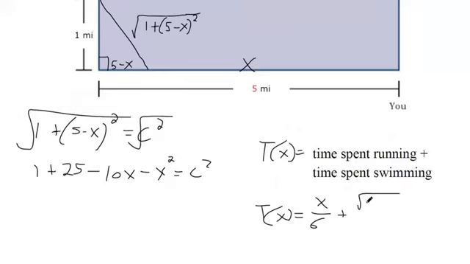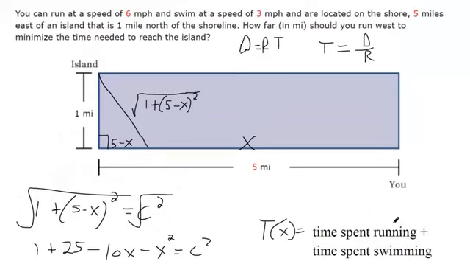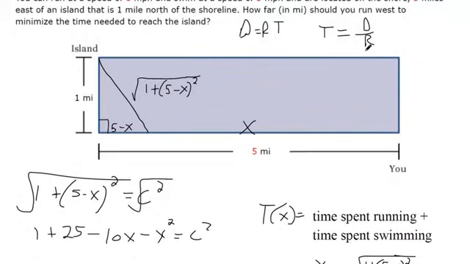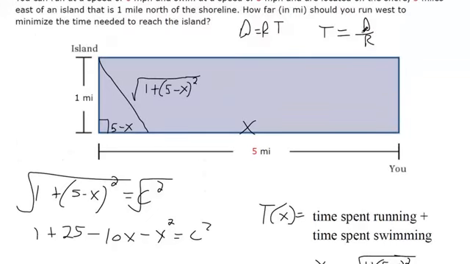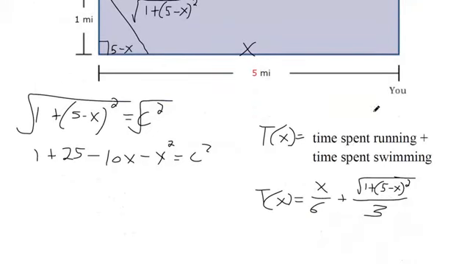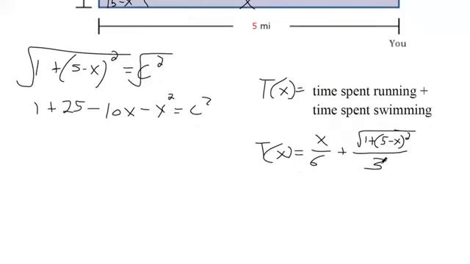That's our distance. And then we want to divide that by the rate that we swim at. I keep mixing up my words in this problem, but it's d over r, right? That's the total time we spent running. That's the total time we spent swimming. And so this is what we want to optimize.